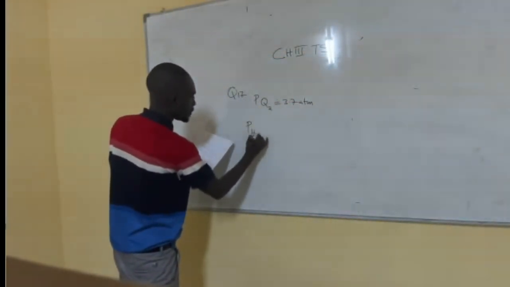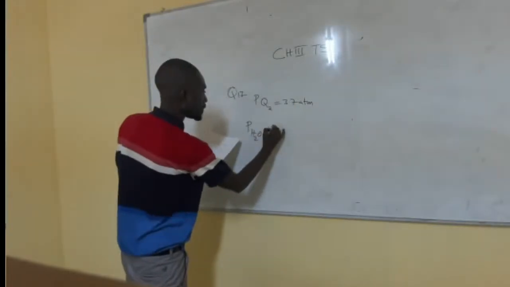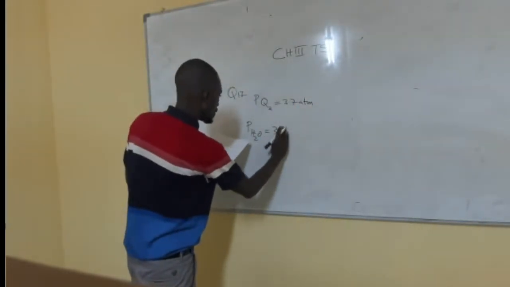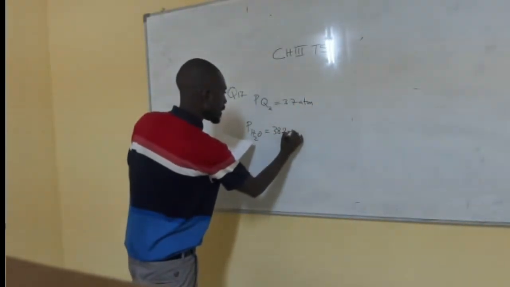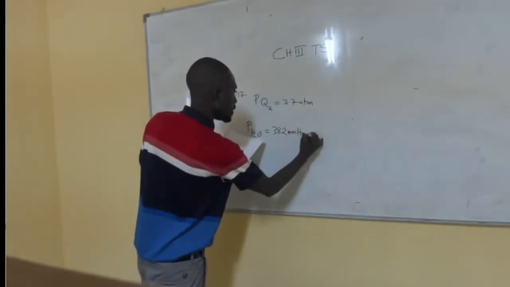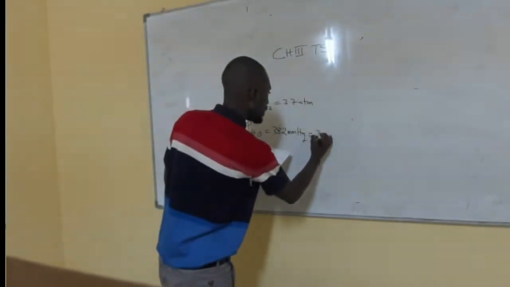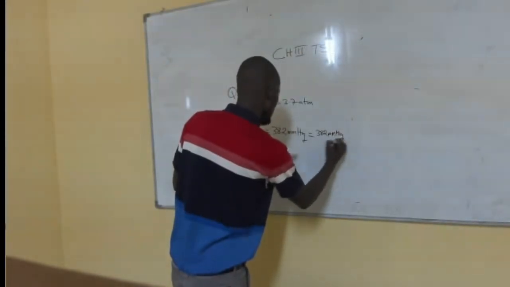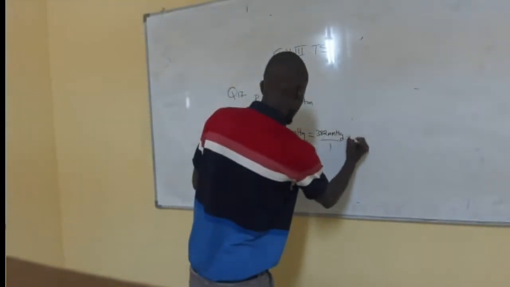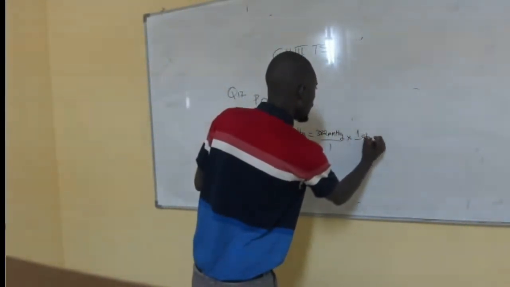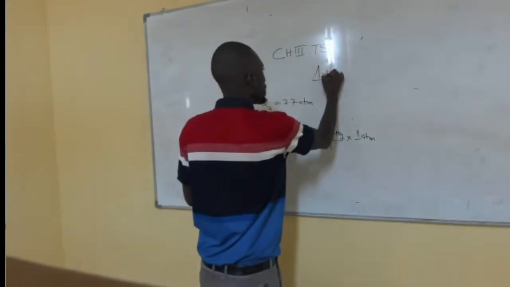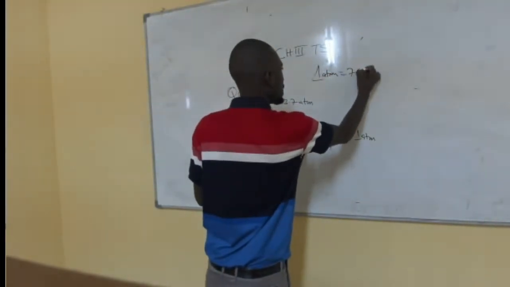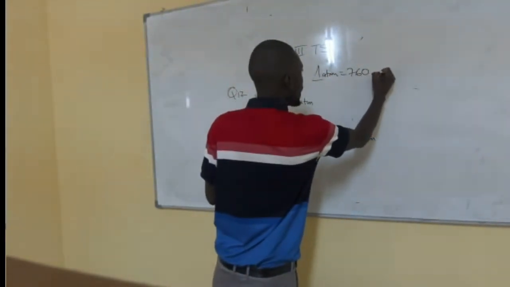For H2O, you have got 382 millimeter Hg, which can be converted as 382 millimeter Hg over 1 times 1 atmosphere over 760 millimeter Hg. Of course, you need to know that 1 atmosphere is equal to 760 millimeter Hg.